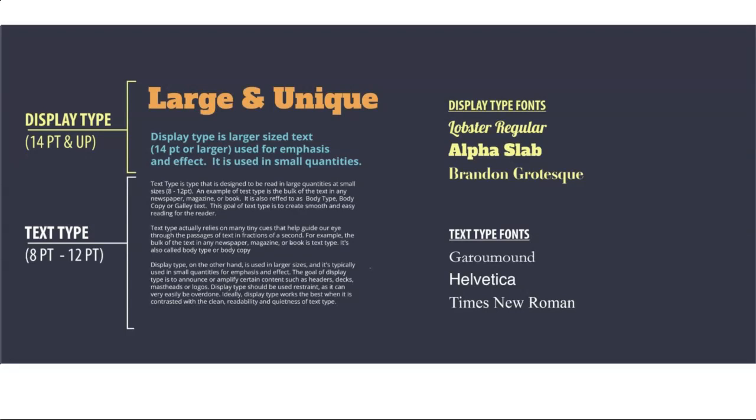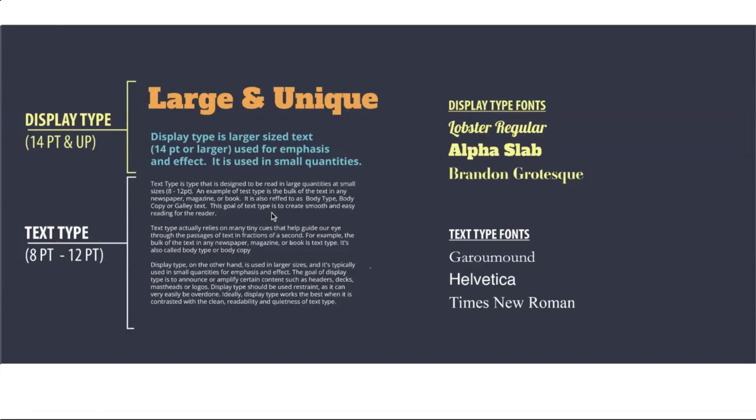They call your attention and lead the viewer into that composition, whether it's a poster or an editorial or a two-page spread, right? We want to make sure that we catch the viewer's eye and draw them into where they should start reading as we disperse the information. So display type is that larger text. Typically that starts at 14 point and up, right? So that larger text on the page.